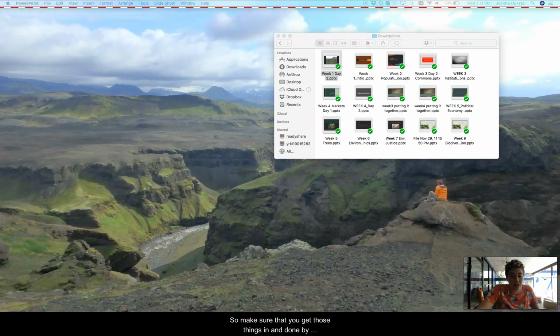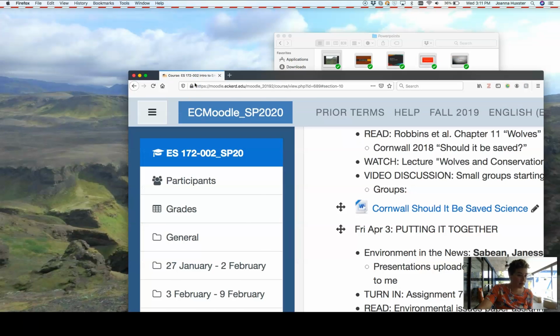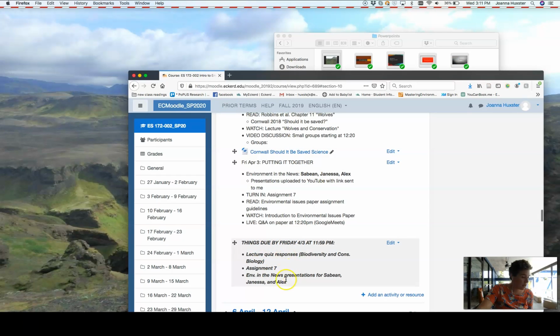So make sure that you get those things in and done by the end of the week. I realize that not everybody can do everything at the same time online because not everyone has equal email or internet access. Oh, you probably couldn't see that. Hold on. There we go. Here are the things that are due by Friday.